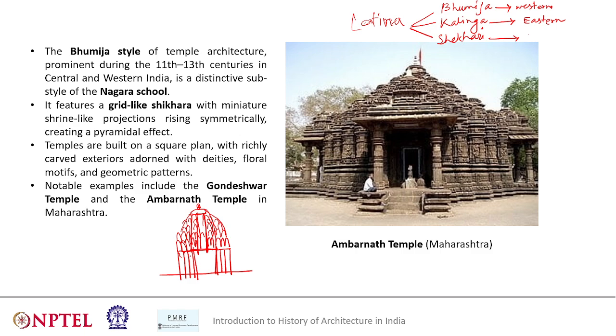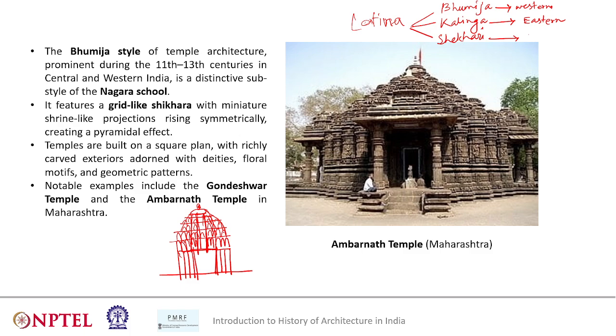If you look into the style of this Bhumija, you will understand that this horizontality is maintained. Although it has a grid-like shikhara, the projections and the upper part of the shrine are distinctly different from the Shikhari style.